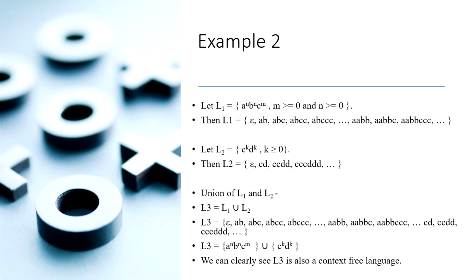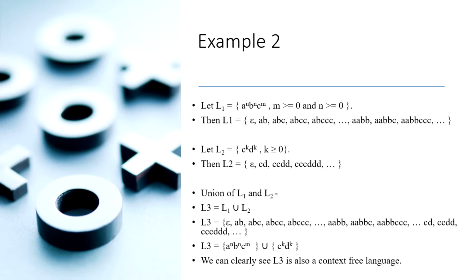Again we see the same pattern, that this set L3 is also a context-free language, so we have arrived at a similar observation as before: if L1 is a context-free language and L2 is a context-free language, then their union is also a context-free language.